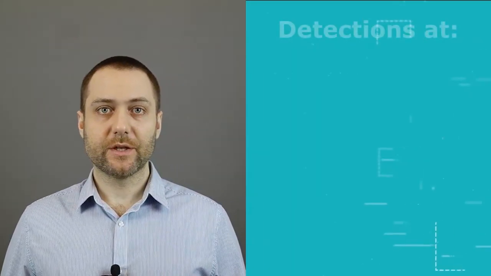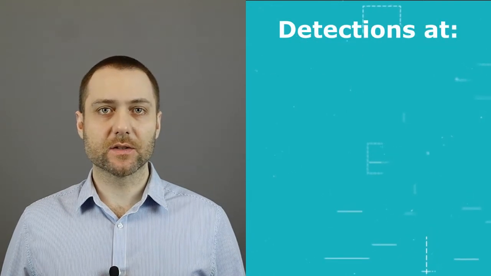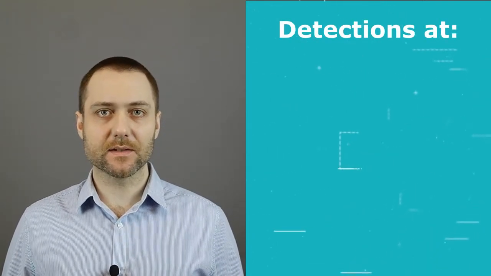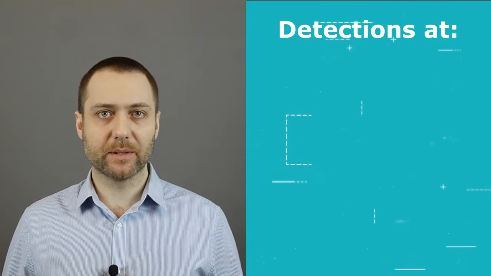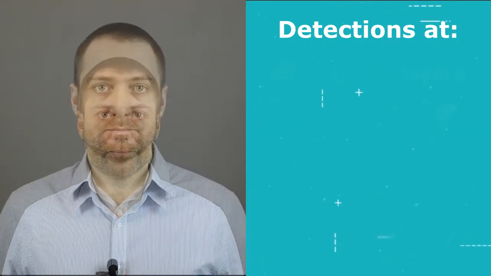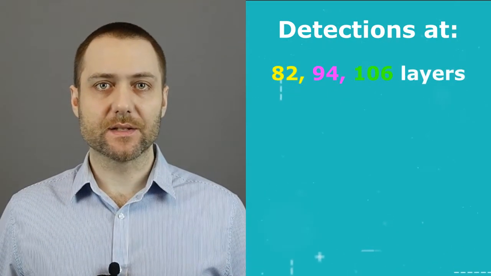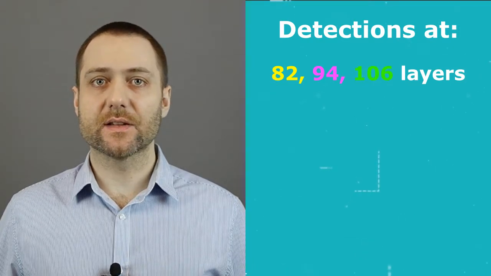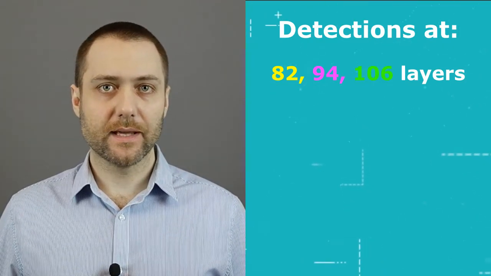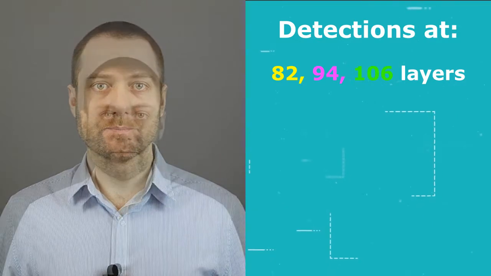How the network detects objects. YOLO version 3 makes detections at 3 different scales and at 3 separate places in the network. These separate places for detections are layers 82, 94, and 106.